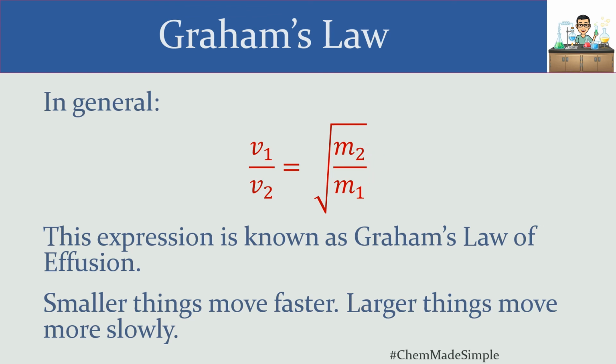But notice that if V1 is on top on one side of the equation, then it's M2 that's on top on the opposite side. That's because mass and velocity have an inverse relationship whenever you have two different molecules that have the same kinetic energy. That general relationship is known as Graham's law of effusion. And put in very simple terms, smaller things move more quickly and larger things move a little bit more slowly.